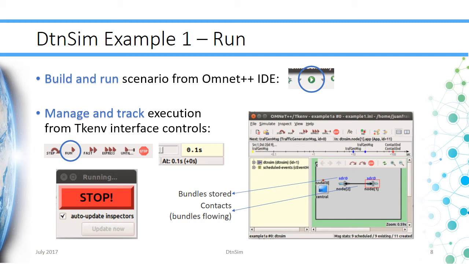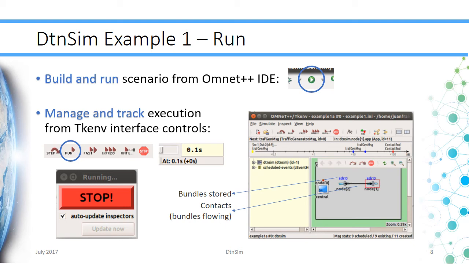In the interface, we can also see that the nodes are these small nodes with satellite icons in this case. There is the node ID, and there are black arrows between nodes where contacts are happening at the simulation time. We can see bundles flowing from one node to the other in this case.